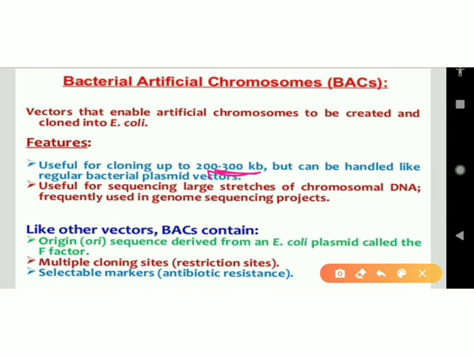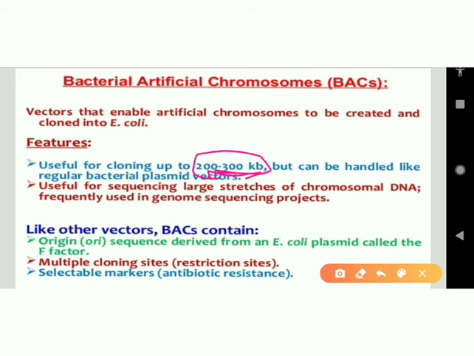It replicates a large quantity of DNA but can be handled like a regular bacterial plasmid vector. It is useful for sequencing large stretches of chromosomal DNA, frequently used in genome sequencing projects like the Human Genome Project.